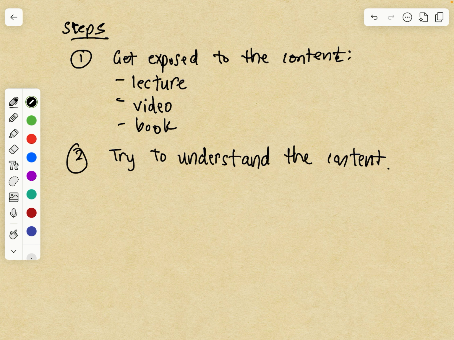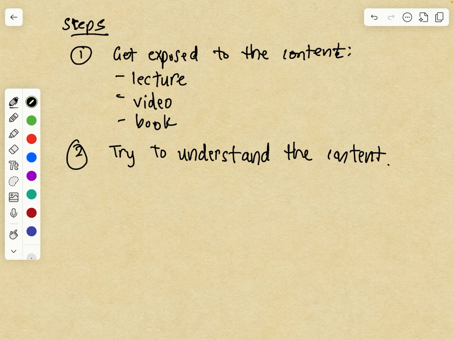And then they're trying to understand the content, and they do understand some of it, but the issue is what happens when there are things that you don't understand. And step 3 is to make a list of what things you're still not understanding, and then find someone who knows the answers to your questions and then ask for clarification.